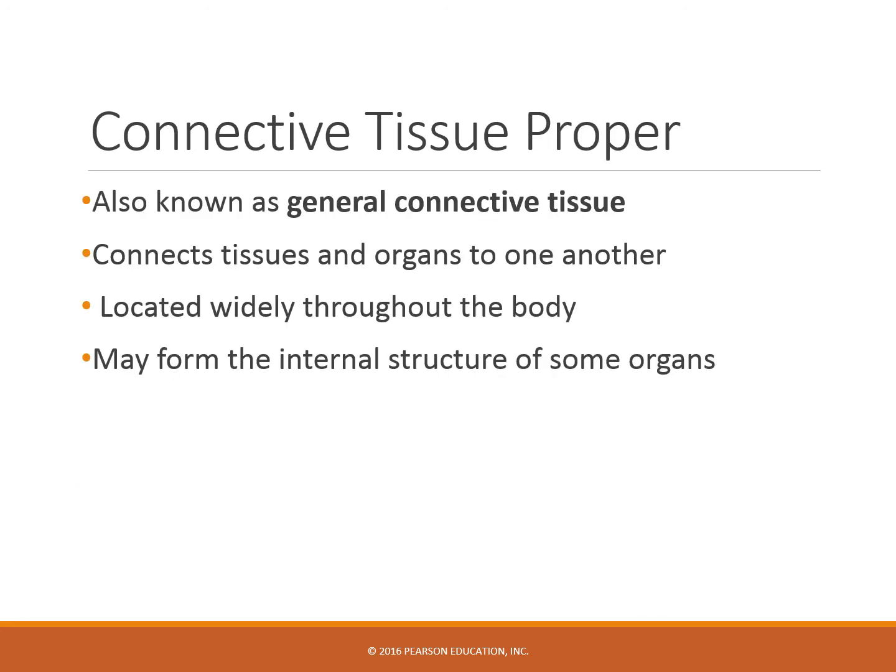Connective tissue proper is also known as general connective tissue. It is often involved in connecting and binding the layers of an organ together or connecting organs together. This type of connective tissue is located throughout the body and in some cases forms the internal structure of some organs.